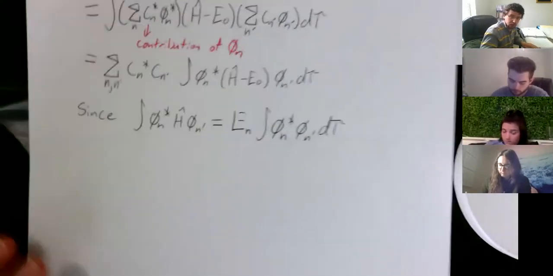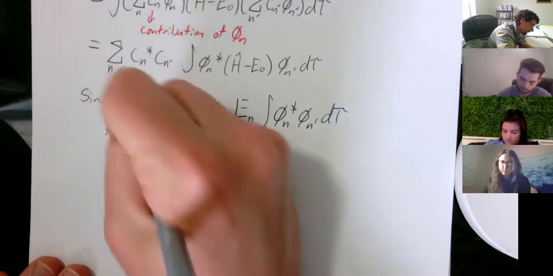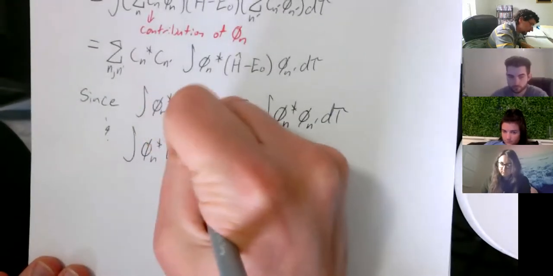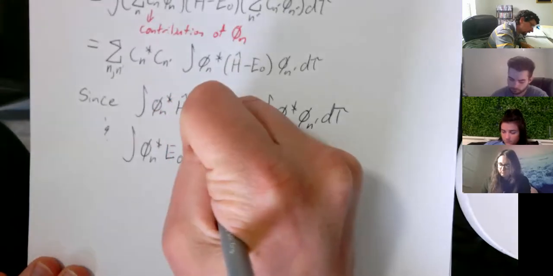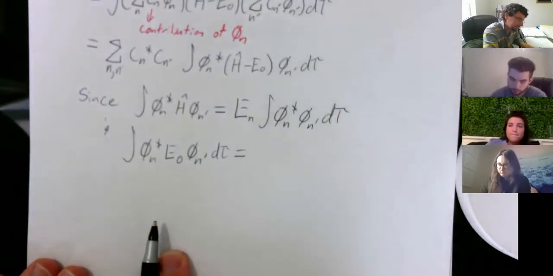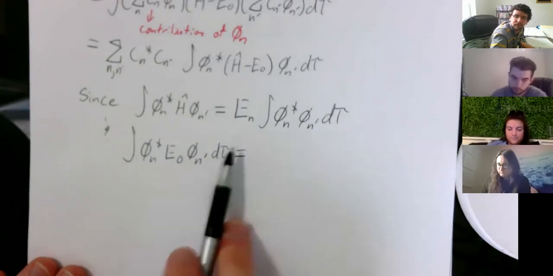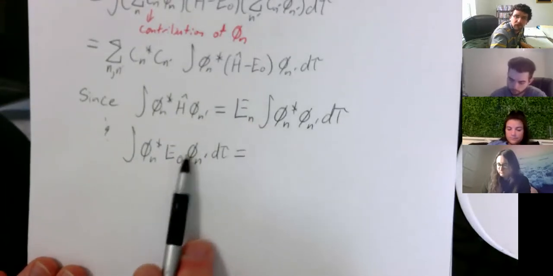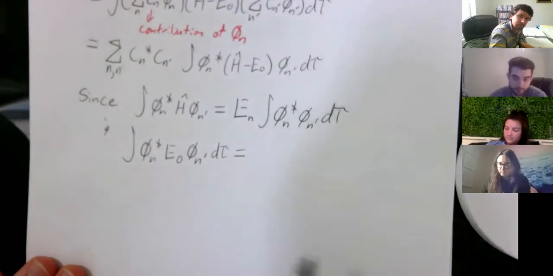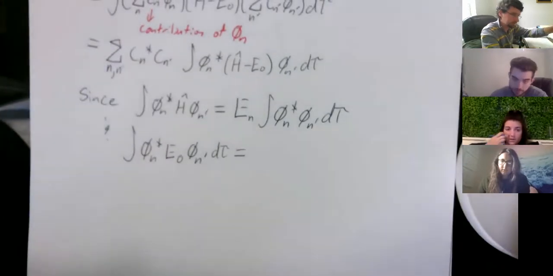And one more thing we're going to do. Integral psi n star E naught n d tau. What are we going to do there? We're going to do something similar. Can we pull anything out of this expression? Could be E naught.